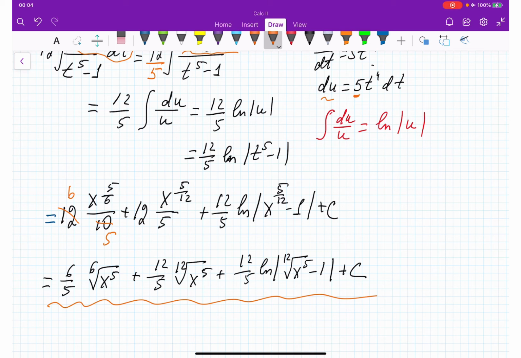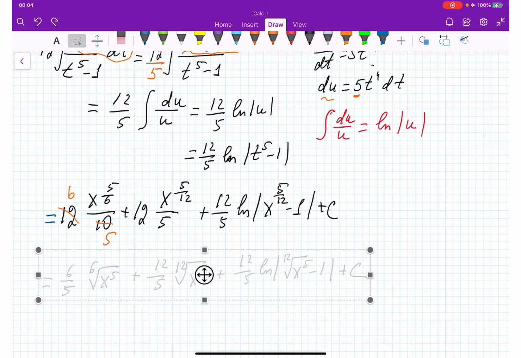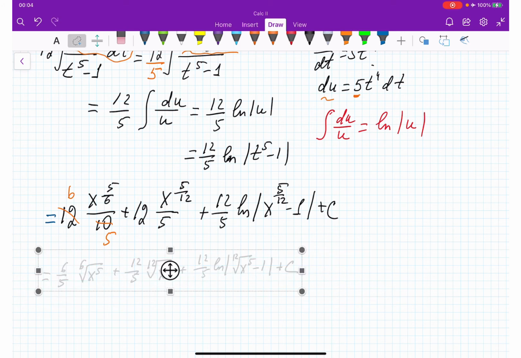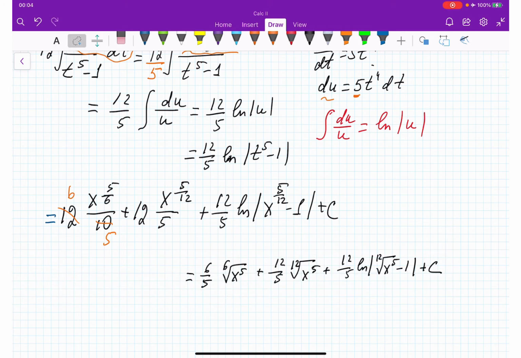Now let me do this. Our original problem was the integral of square root of x cubic radical x squared minus radical degree 4 of x dx.